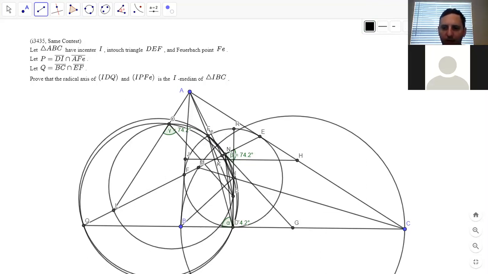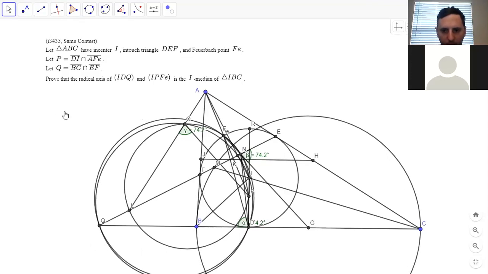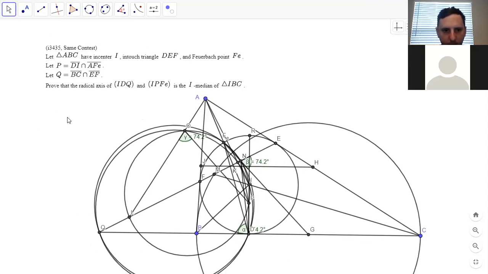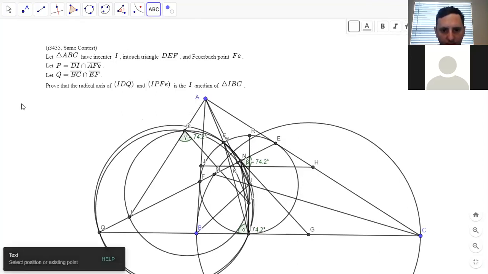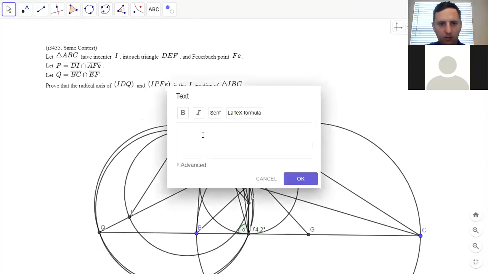All right, 5 more minutes and then I'm going to stop. But I could write out a few things that we noticed. So consider an inversion about the circle with diameter BC.